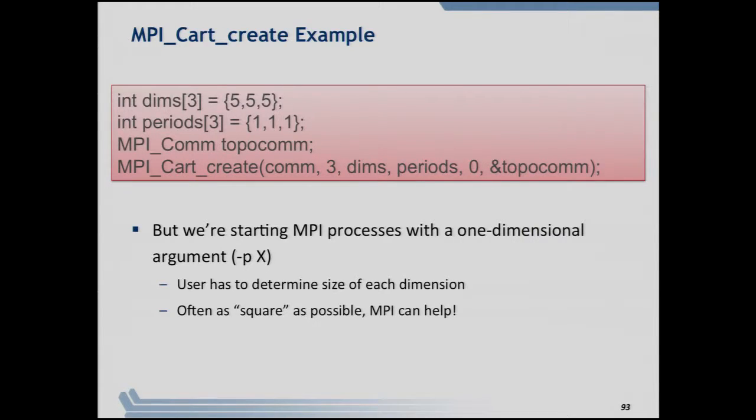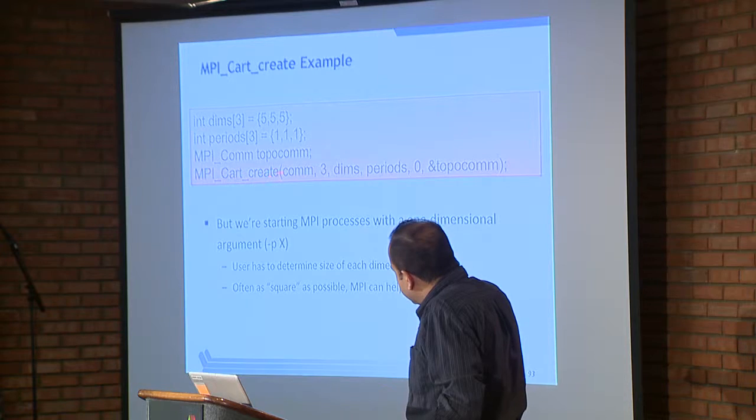You have set the periodic in all 3 dimensions. That is just for the query function. So when the top row asks who is my neighbor above, the answer will be the one right at the bottom, and so forth.